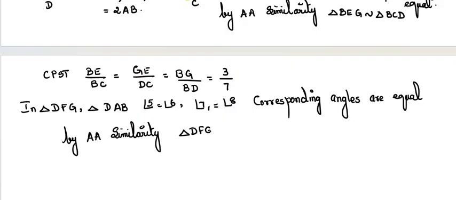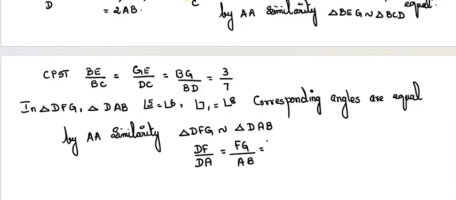Triangle DFG. So, Advika, how will you write this? DF by DA equal to DG by DC, DB, which is equal to FG by AB. Correct. Equal to 3 by 7.